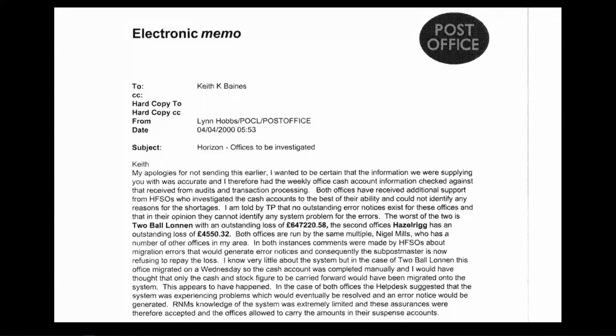And if we scroll down to. Can I just interrupt there? Absolutely. I think it's just useful to say you've just read out that sentence, the retail network manager's knowledge of the system was extremely limited. I think at that period in time, the knowledge of the system was limited for a lot of people in the post office, auditors, trainers, investigators.